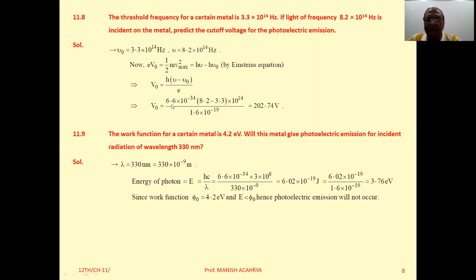Substitute the values of h, then ν minus ν0. From that, 10^14 is taken common. So into bracket 8.2 minus 3.3, into 10^14, divide it by 1.6 × 10^-19. Then your answer will be 202.74 volt.